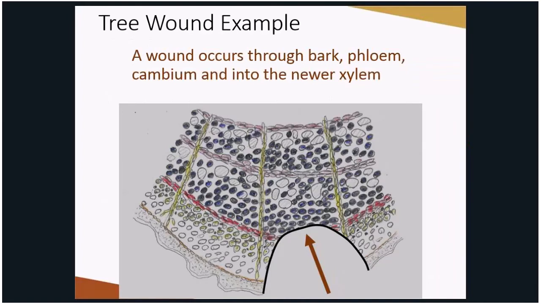So let's go back to my model and look at an example of how a tree wound might happen and how cells in the tree react. Let's imagine that where this brown arrow is, this tree just had a big chunk bit out of it, or scratched out of it by a lawnmower, or however that might have happened. So we're missing cells. That's been wounded and ripped open right there.